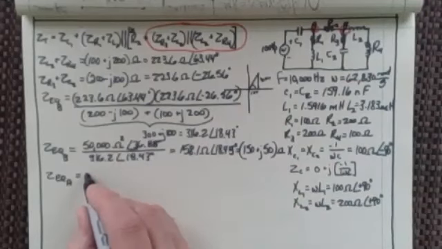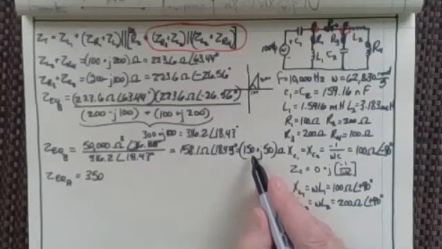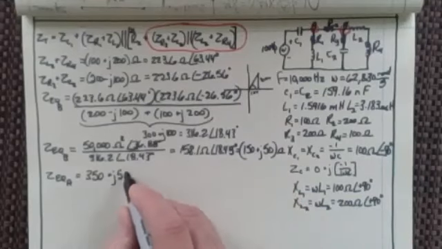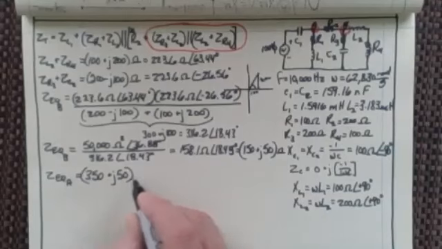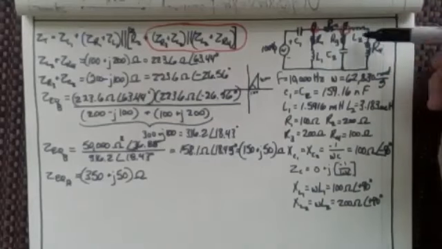So that would give me 350, see, 150 plus 200 plus J50 ohms, right? That would be right there, right at that point, looking at everything that's going down here.